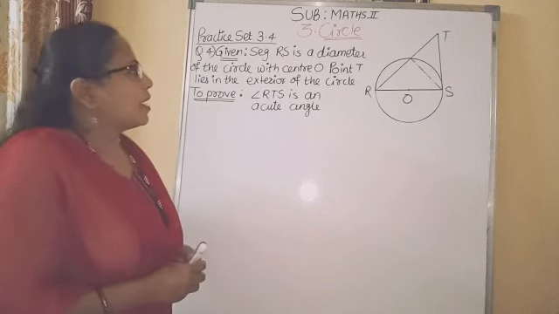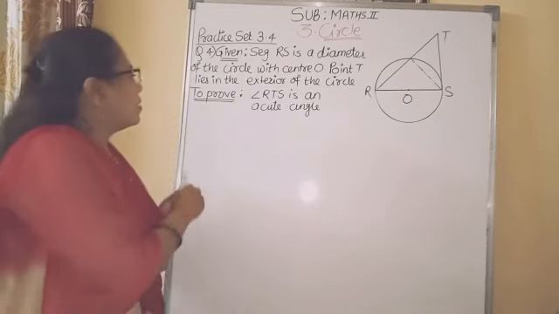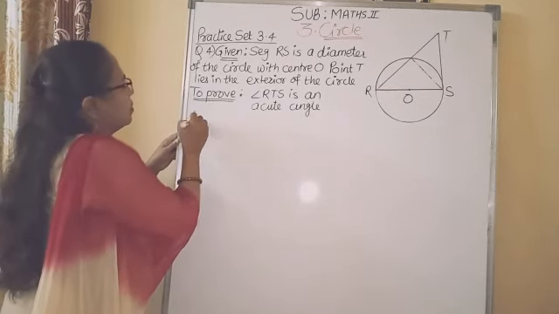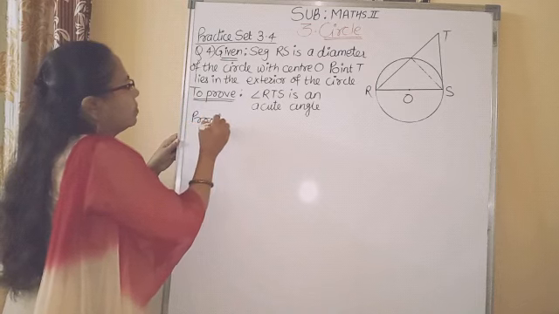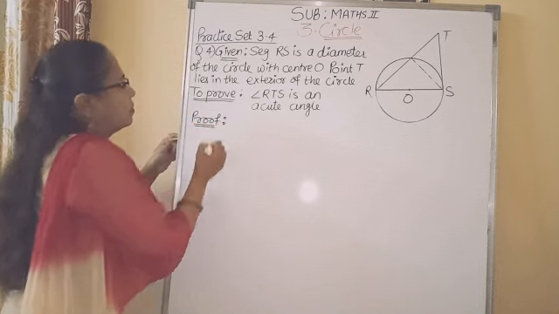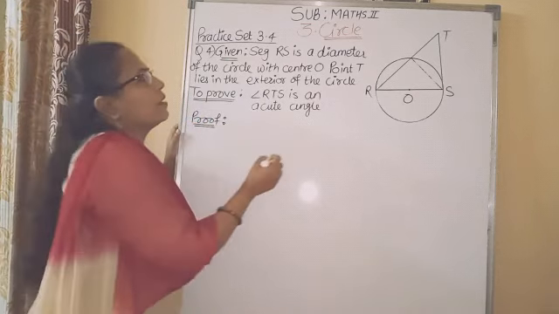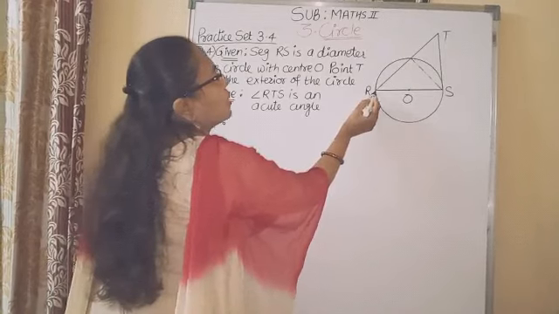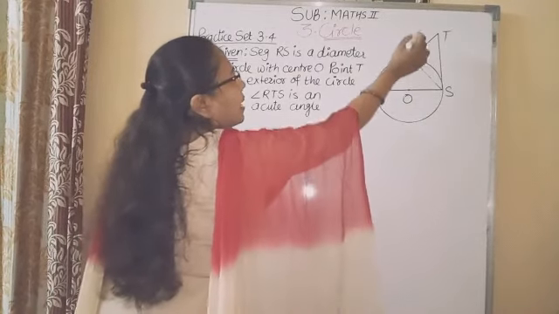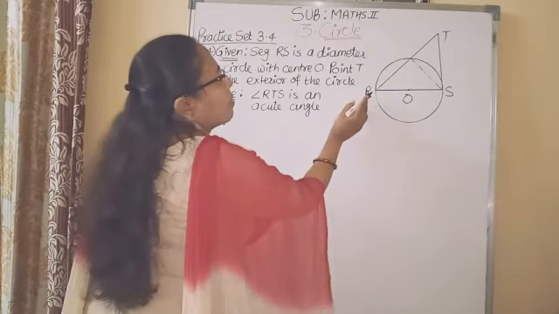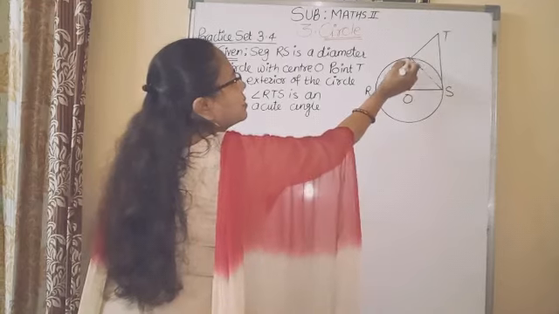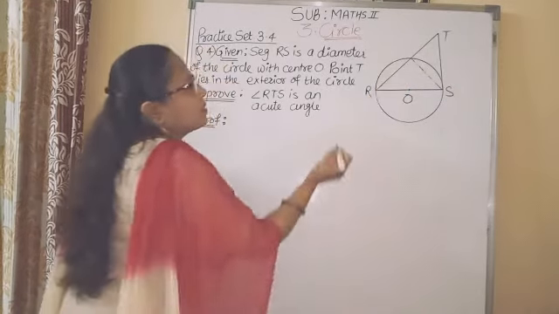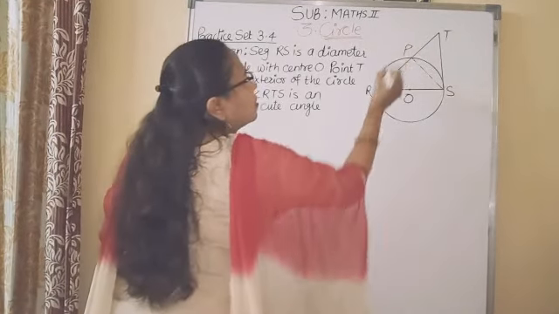Okay. So here is the proof. We join segment RT and segment ST. Segment RT intersects the circle at this point; give the name P for this point.